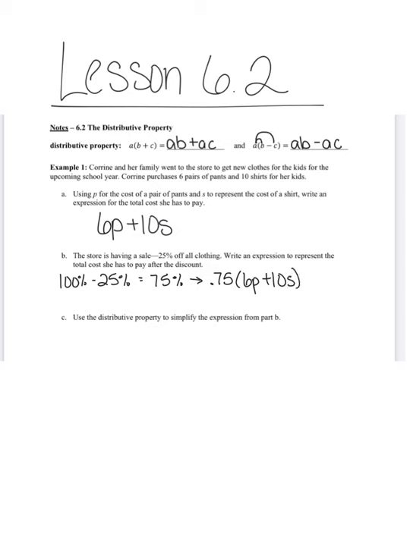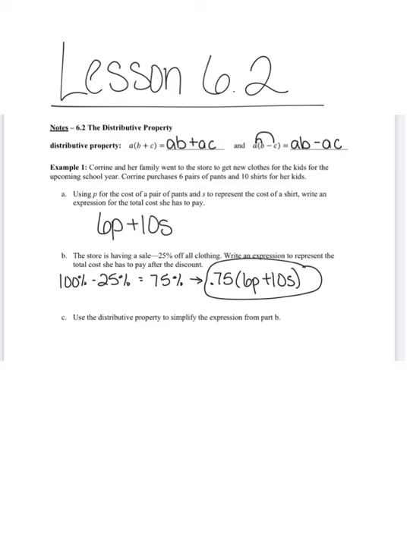So what's in my parentheses represents how much you would pay if there was no sale, full price for the pants, full price for the shirts. But this expression right here now, with the 0.75 out in front, is where that's our discount, and we're going to multiply that times all parts inside of the parentheses.